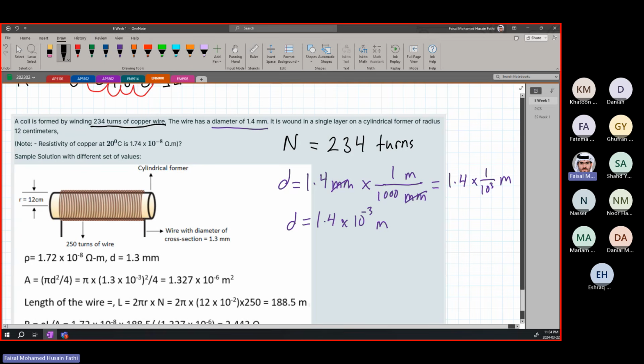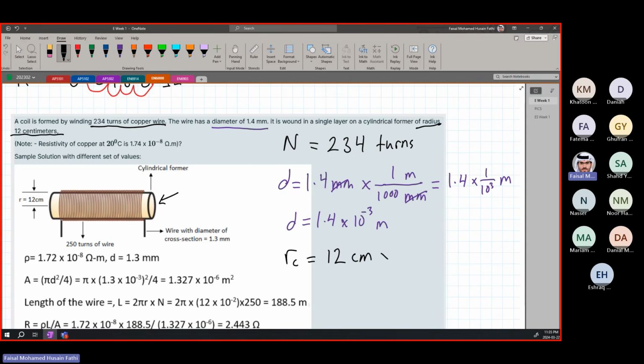Now, it is wound in a single layer on a cylindrical former of radius 12 centimeters. So the radius of the cylinder is equal to 12 centimeters. Again, I want to convert this into meters. So 1 meter over 100 centimeters.